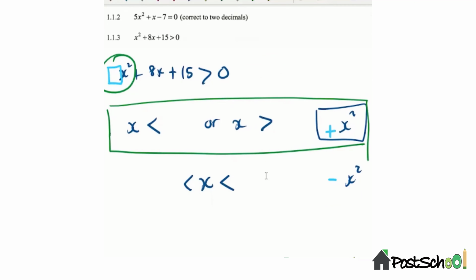is to find critical values. Okay, what are those critical values? So the critical values, you have to find them by saying x squared plus 8x plus 15 is equal to 0. Then you factorize this and say x, and then 3 times 5.